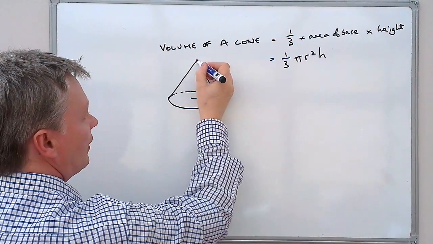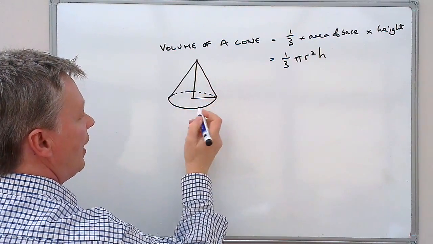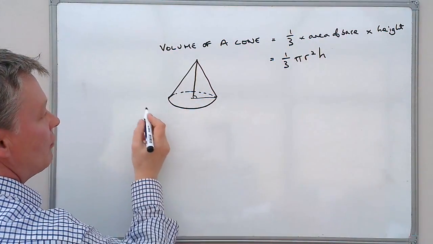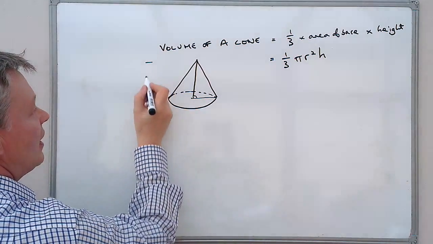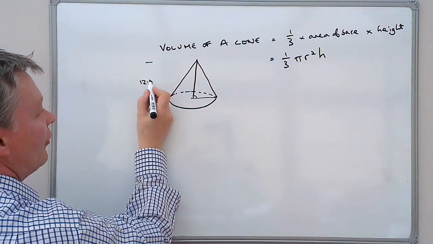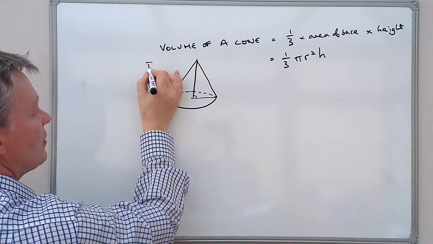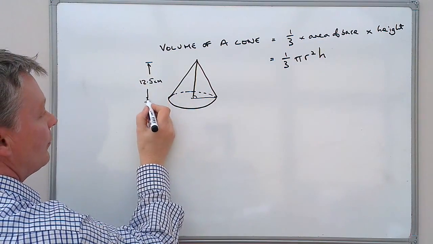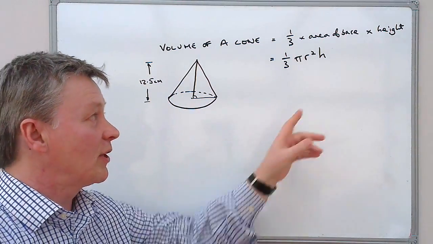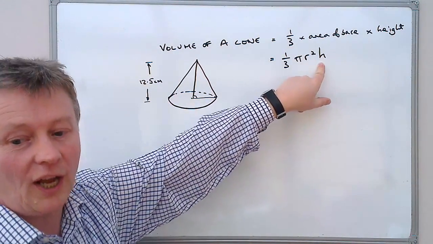So I'm going to draw that in there at a right angle, and the perpendicular height is 12.5 centimetres. That's very important because we need to know the overall height.